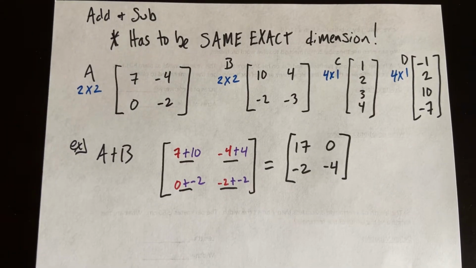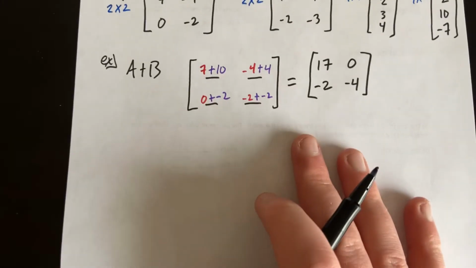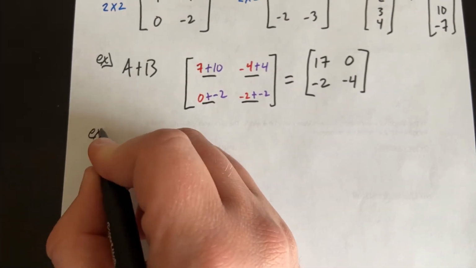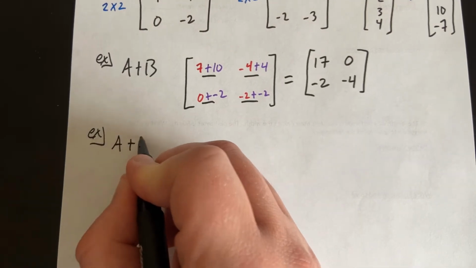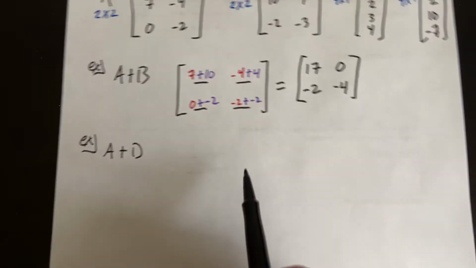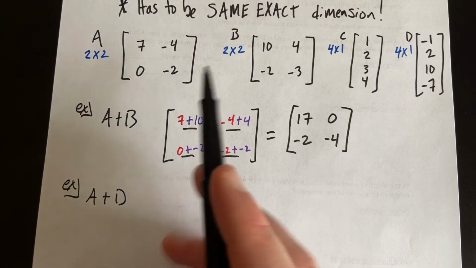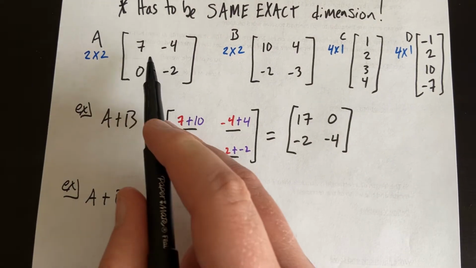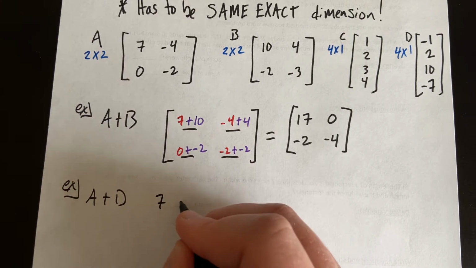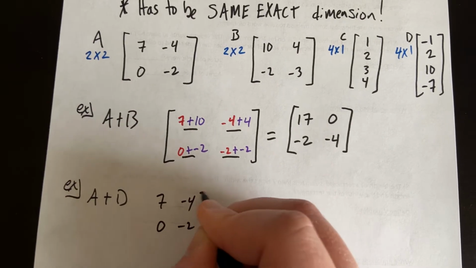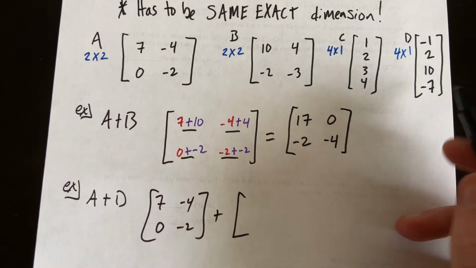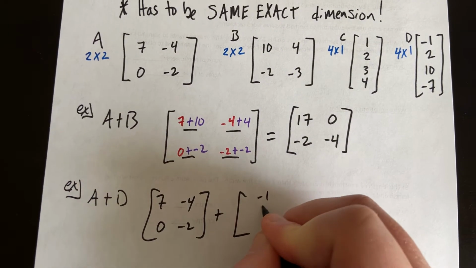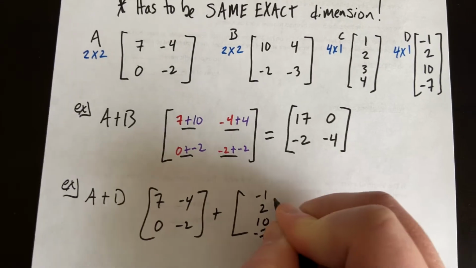Okay, so another example here. What would, I don't know, A plus D be? Well, remember, matrix A was a 2 by 2, so I've got my matrix A, 7, -4, 0, -2. And I'm adding D, which is -1, 2, 10, -7.